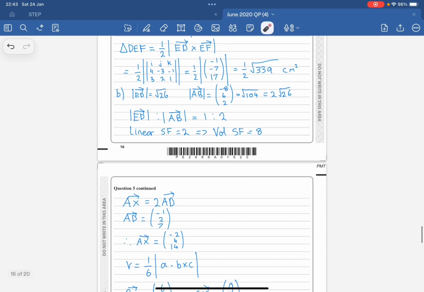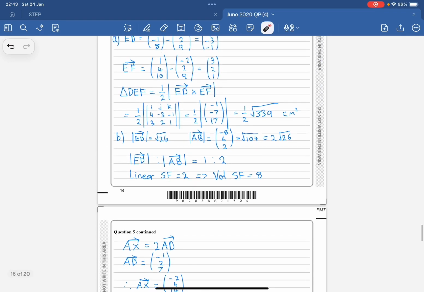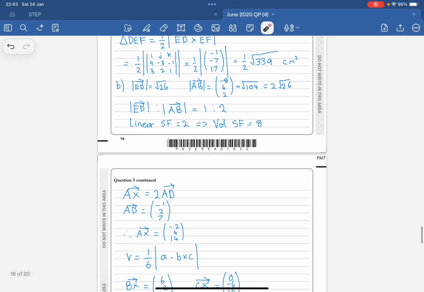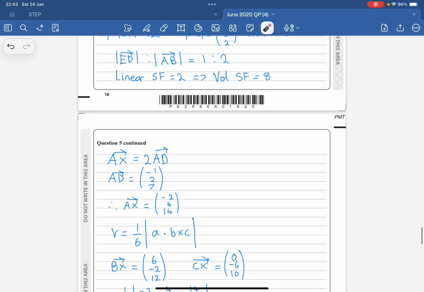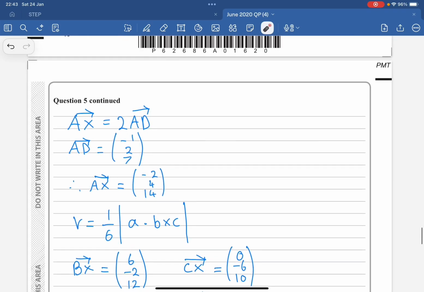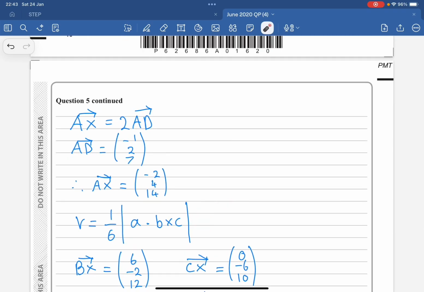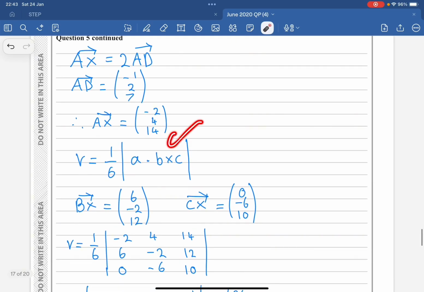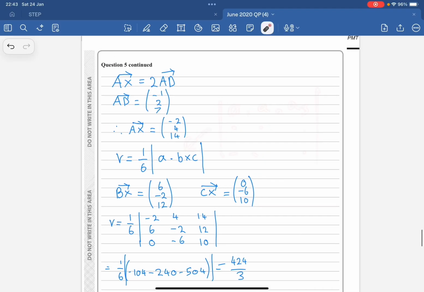So AX is going to be 2 times AD, and AD is minus 1, 2, 7, and AX is minus 2, 4, 14, therefore. And to work out the volume of a tetrahedron, we have to use this formula, which is just the determinant of A1, A2, A3, etc. So yeah, we can just do that.